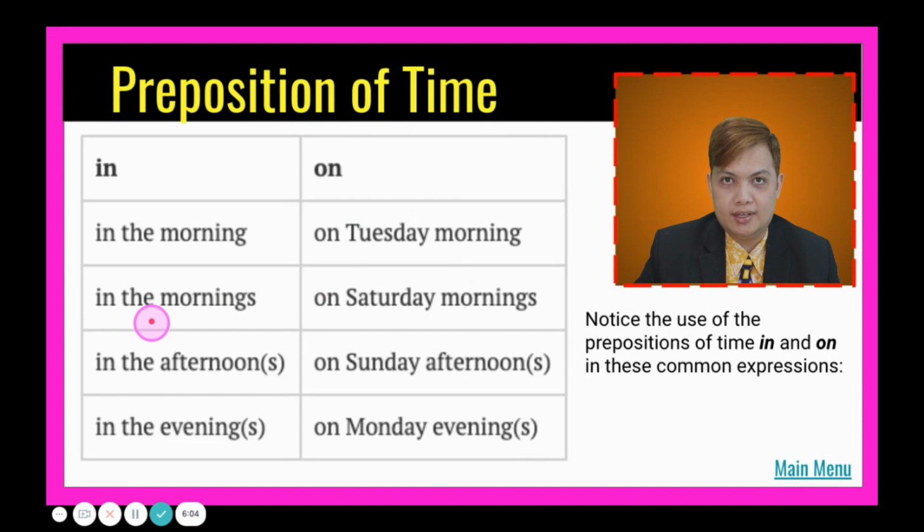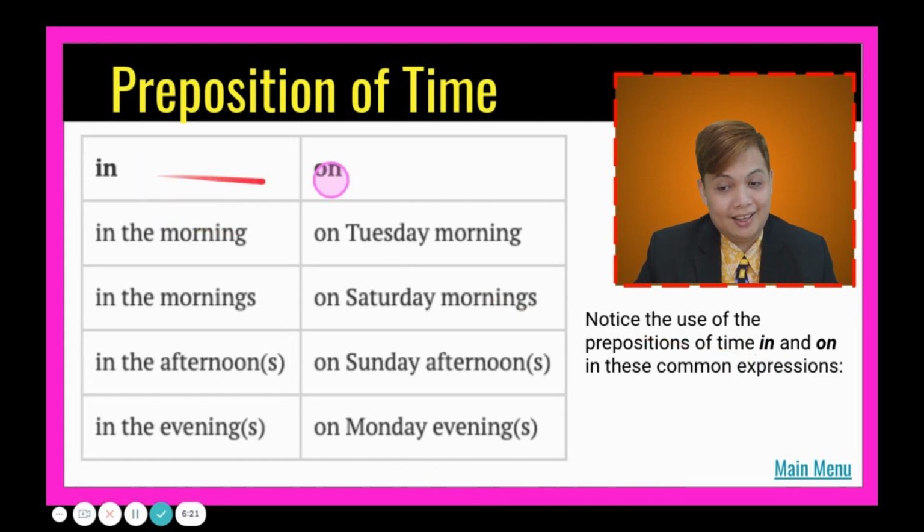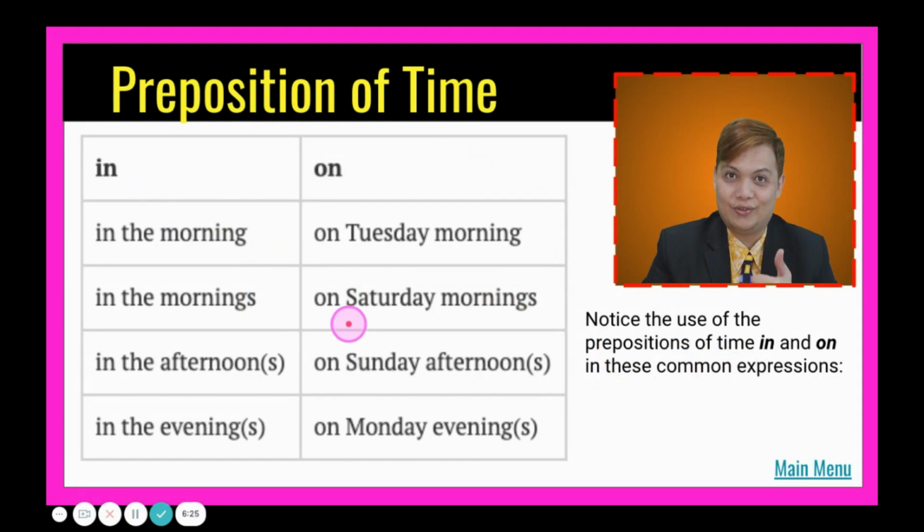In the mornings, we use in, but we use on Saturday mornings. In the afternoon, we use on Sunday afternoon. In the evenings, and then we use on Monday evenings. Notice the use of the prepositions of time in and on in these common expressions. So far so good?